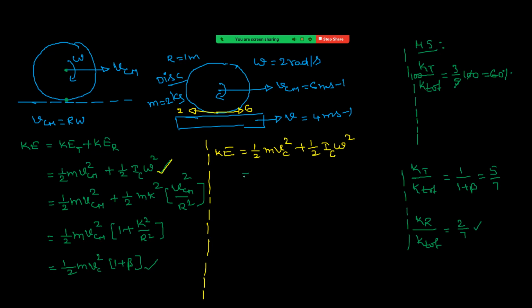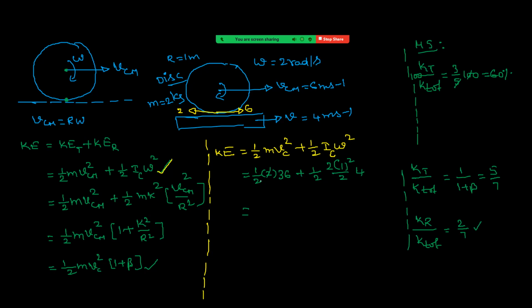Half mass, 2 kg. Half m VCM square, 6 square, 36, right? Plus half, it is a disk about its own axis, m r square by 2, omega square. Omega square means 2 square, it is 4.